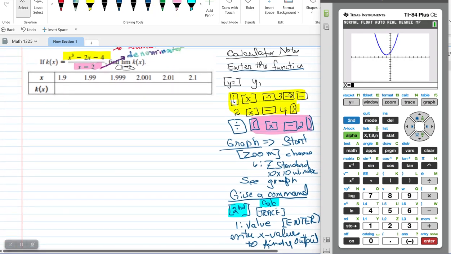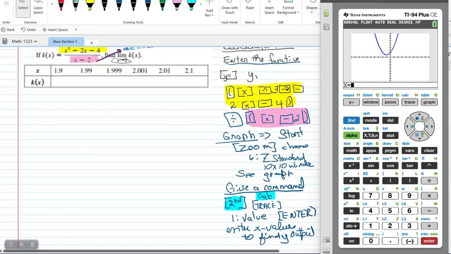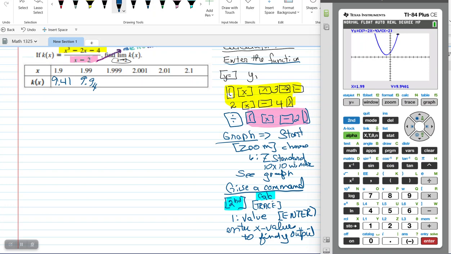Right. So those are our notes, and we're going to now do the table. I'm going to enter 1.9, and I'm going to get 9.41. Then 1.99 and enter, and I'm going to get 9.9401.